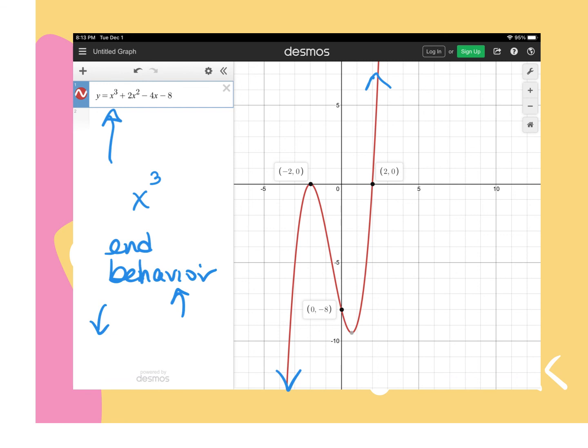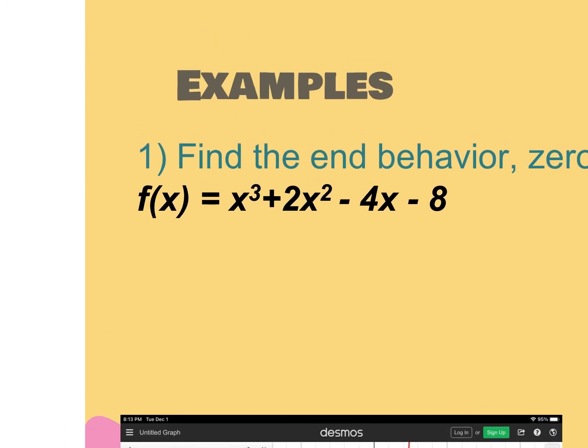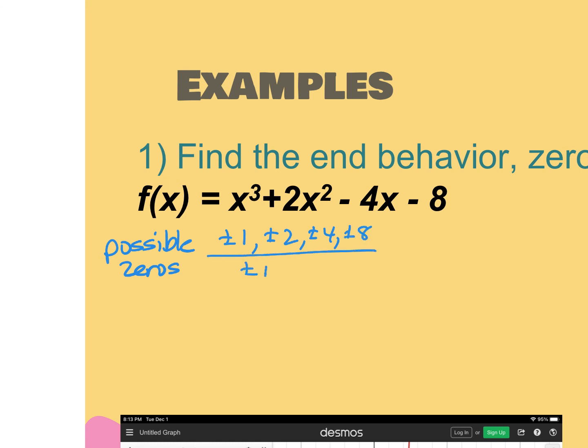Now, I need to find the zeros. This is a reasonable question that you might get on a test where you're not using your graphing calculator. I would do my list of possible zeros. Factors of the last are 8, so plus and minus 1, 2, 4, and 8, all over plus and minus 1.